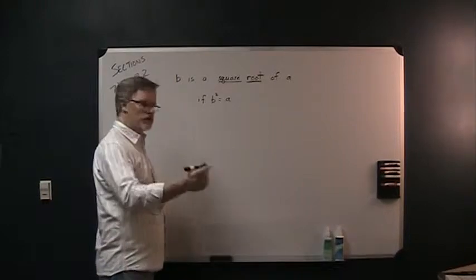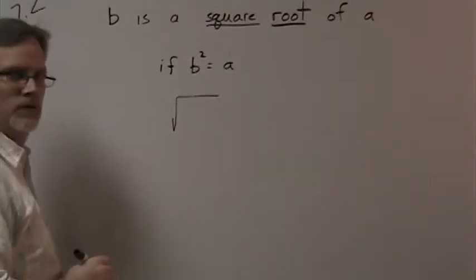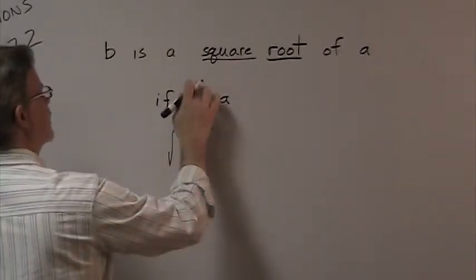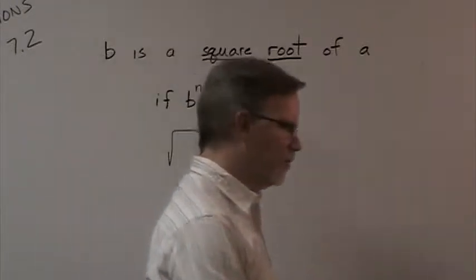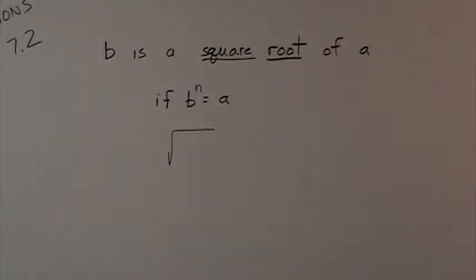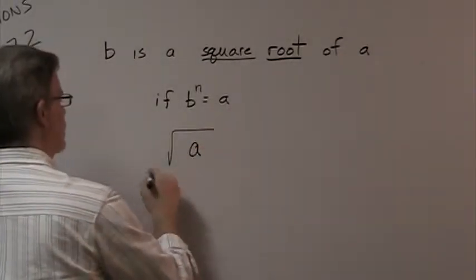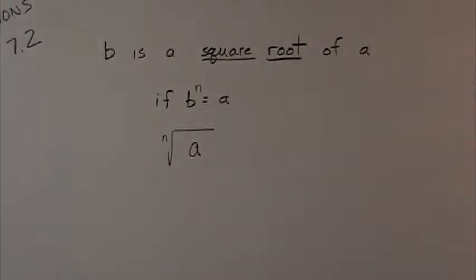And instead of writing this as a 2, we're going to write this as an n: the nth root of a, raised to the nth power.